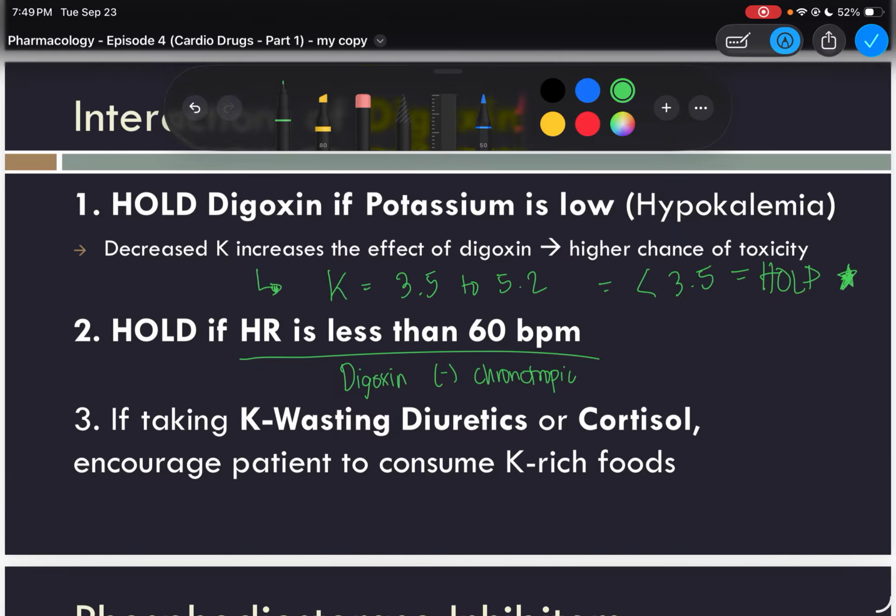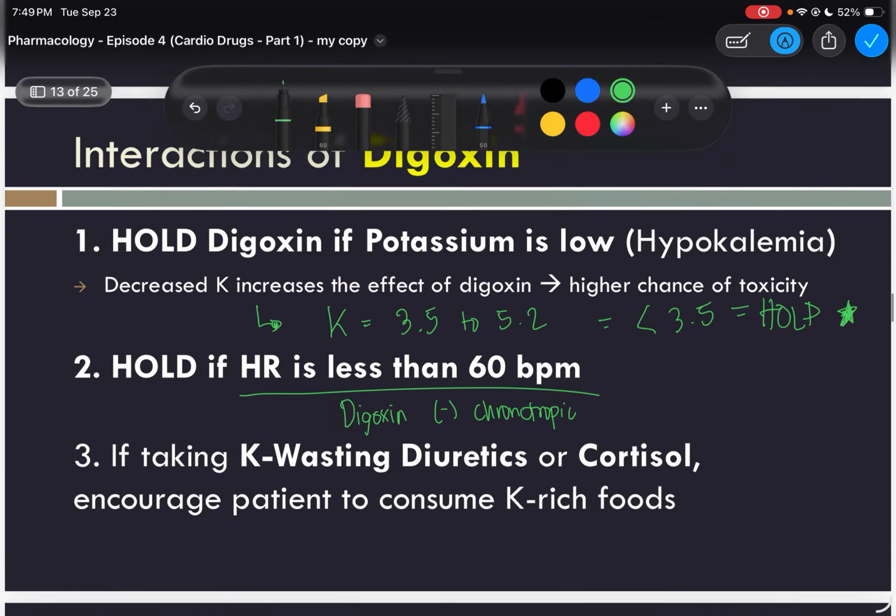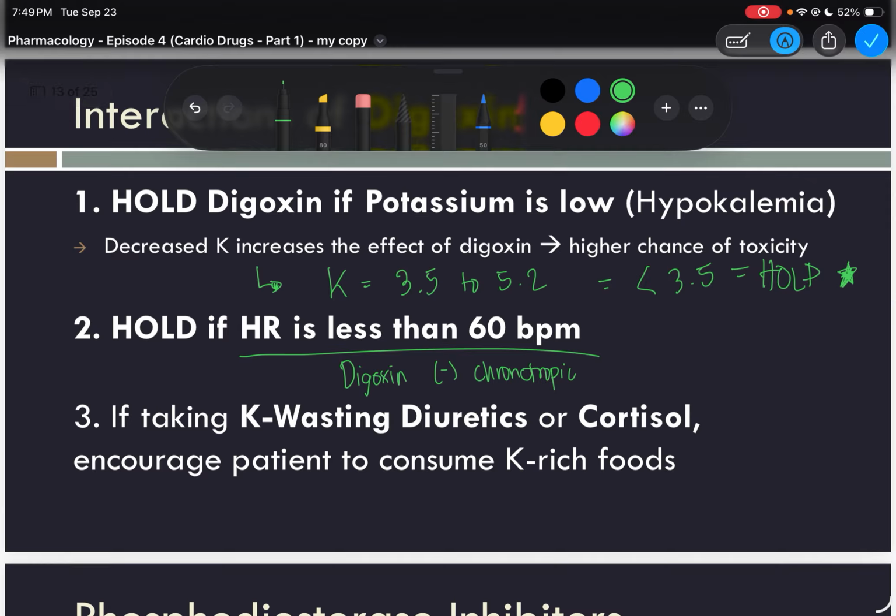If you are taking potassium-wasting diuretics or cortisol, then encourage the patient to consume potassium-rich foods. Potassium-wasting diuretics and cortisol are drugs that will cause hypokalemia, or decreased potassium.